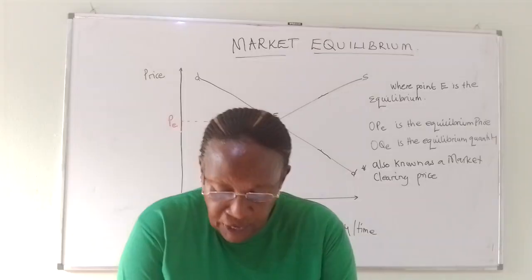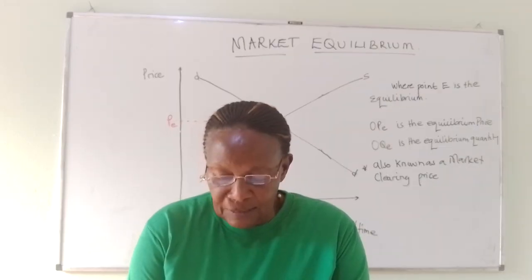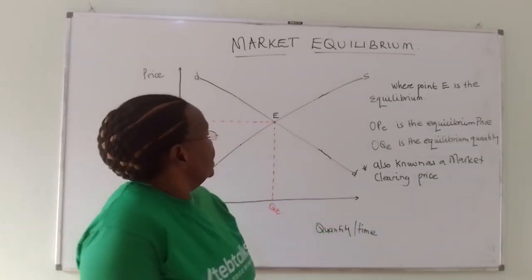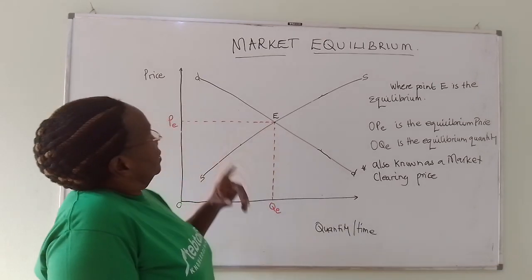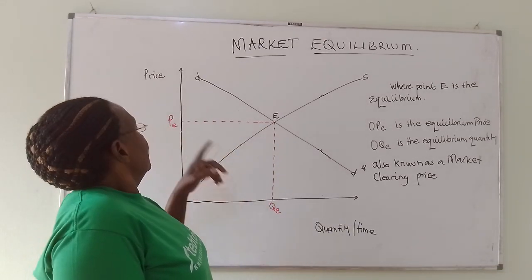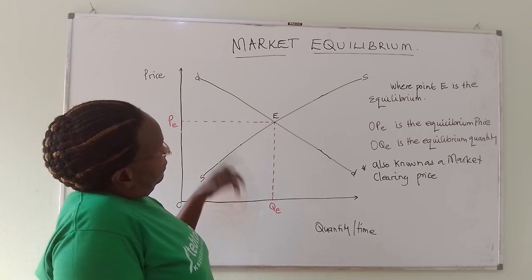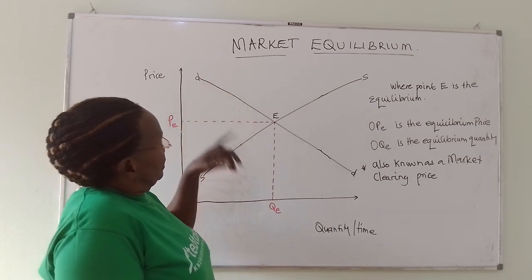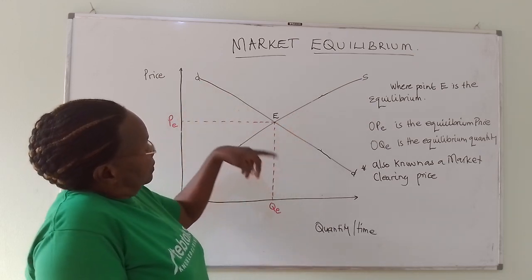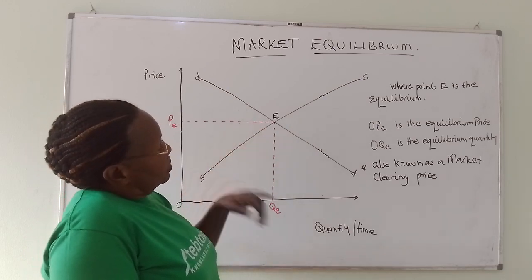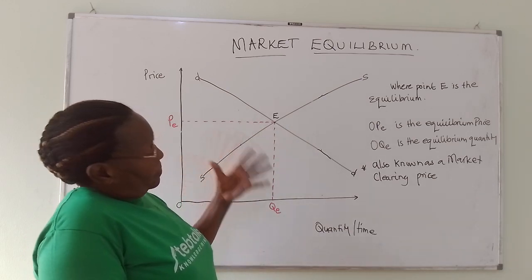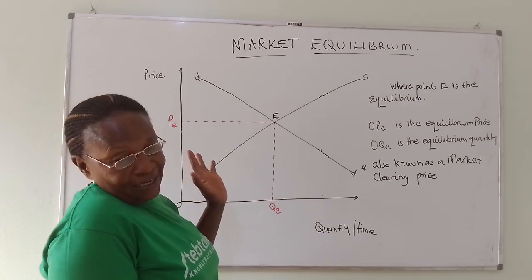It is established where the demand curve intersects with the supply curve in a free market economy. It is established, that is the equilibrium price. It is established where the demand for the commodity and the supply for the commodity intersect in a free enterprise economy. And we find that this is theory. It cannot happen.